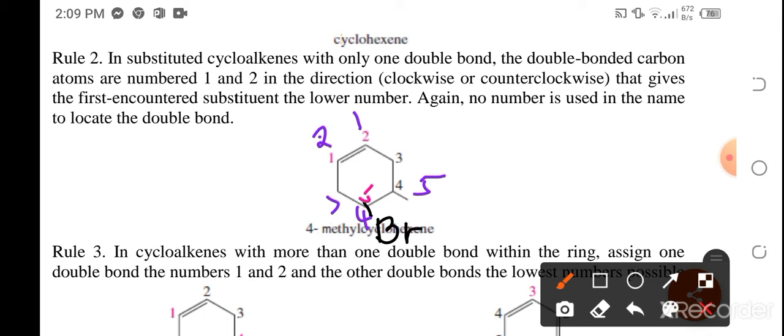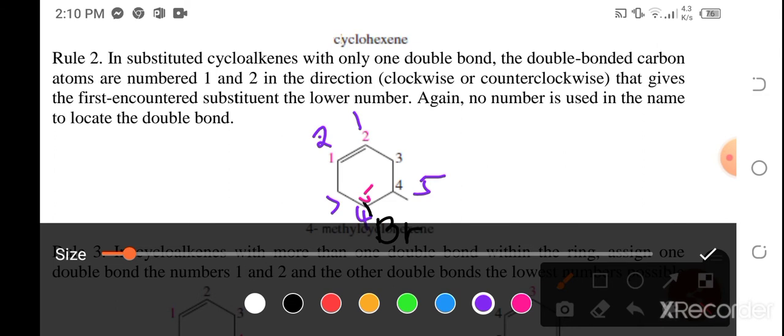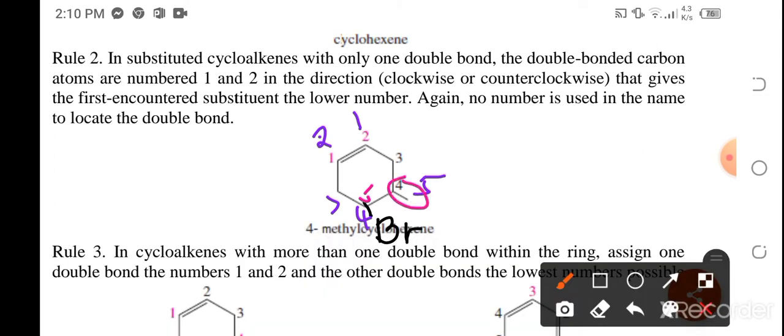So parehas silang 4. So for this case, parehas silang 4 and 5 yung mga substituent. Ang substituent kasi dito ay methyl and bromine. So paano na numberan kapag may bromine na dyan? Clockwise or counterclockwise, we are arriving with 4 and 5.